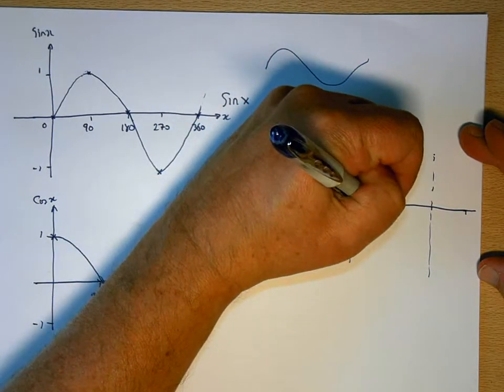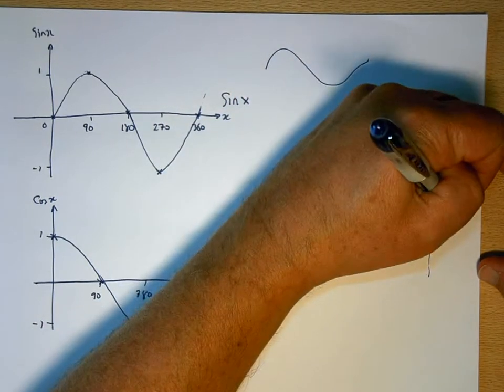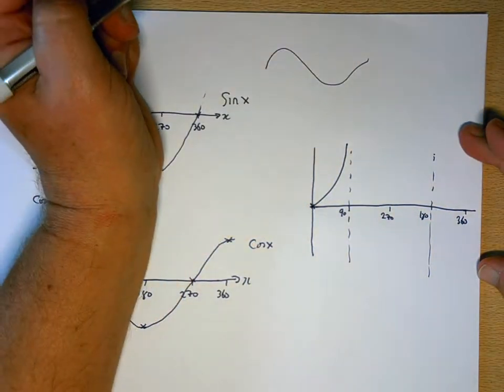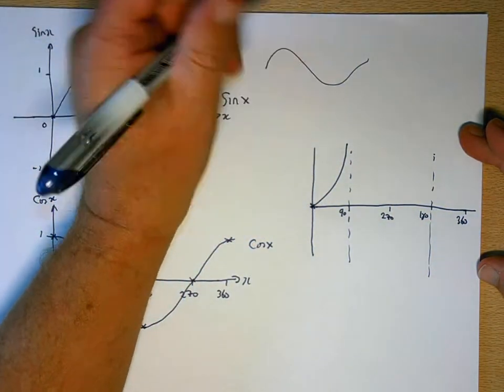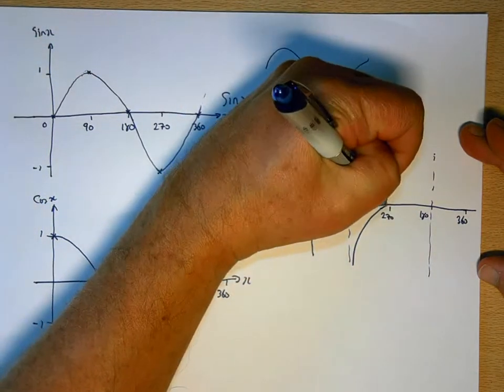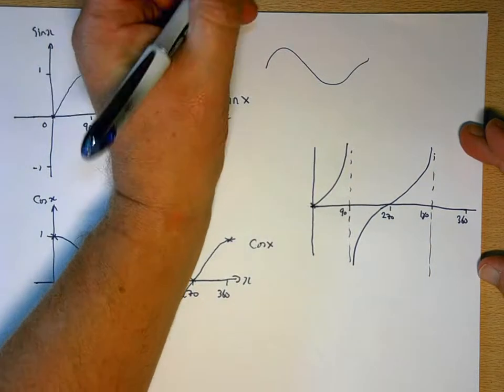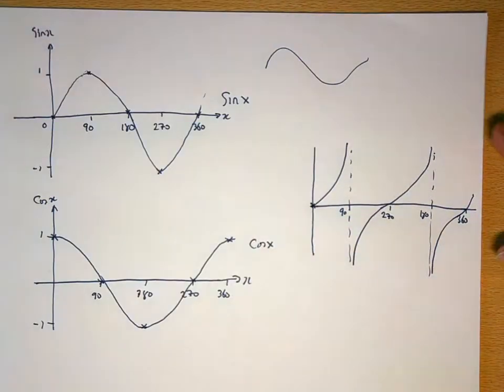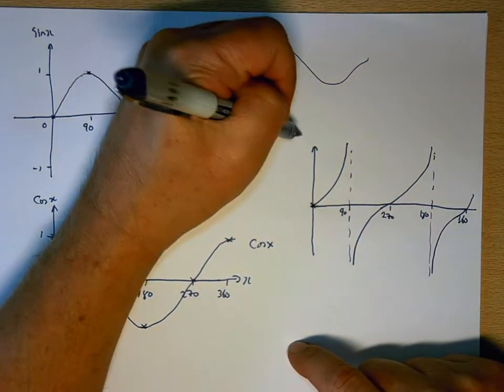So at 90 degrees and 180 degrees, our tan graph flies up very, very quickly off the graph, and then it comes back the other side at negative infinity, and then back up again, and so on. So that's tan.